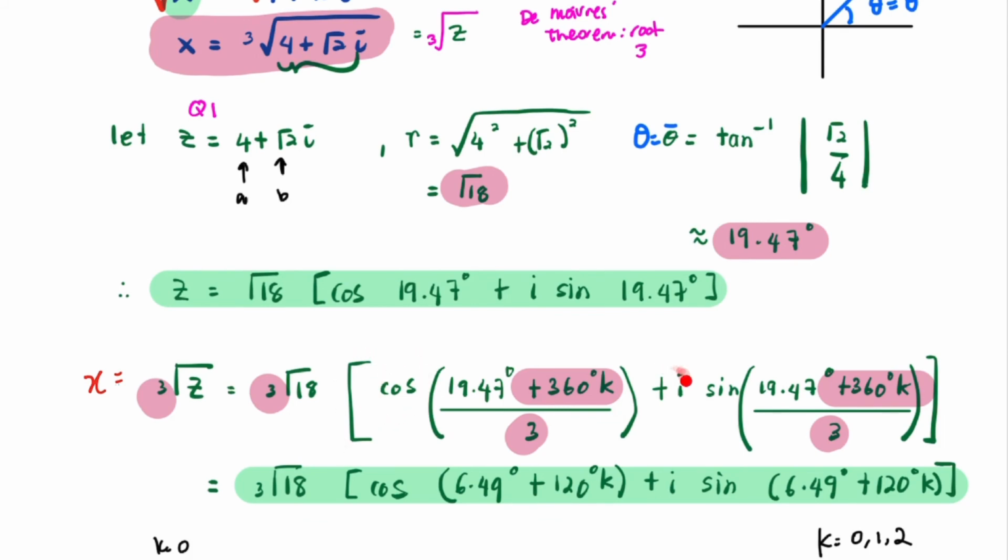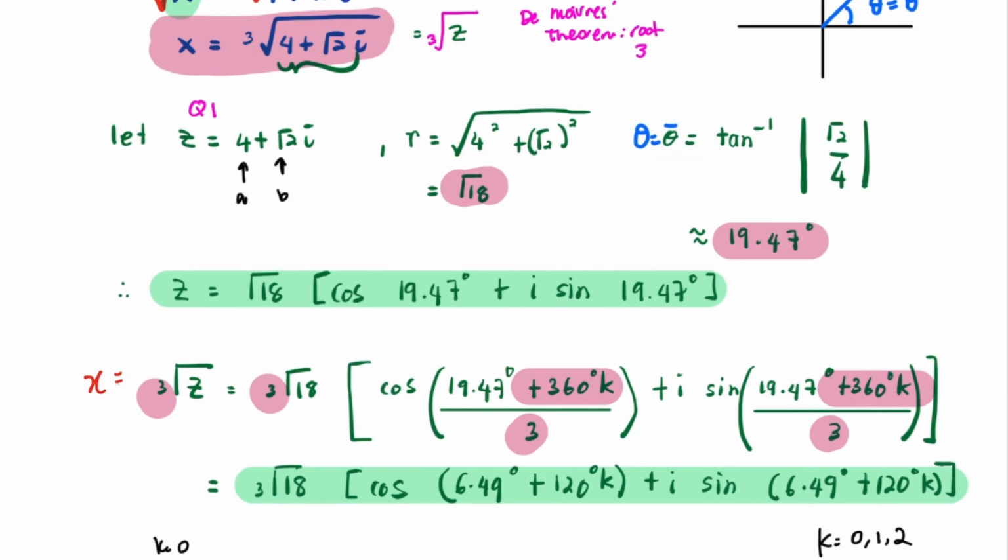Put the structure cos plus i sin, close the bracket, and then let's work out our argument. For our argument, we need to divide it by 3, but don't forget we need to add 360 degrees k. So this side should be the same. And then let's divide this number here by 3 and then divide 360 degrees by 3. So this is your general formula for your answer.